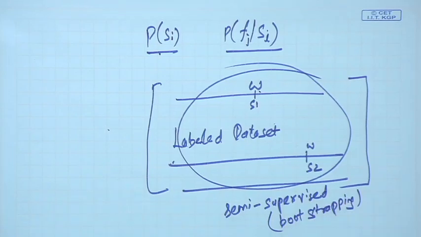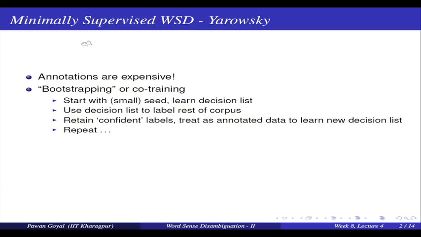One such approach for word sense disambiguation was proposed by Yarowsky. This is also called minimally supervised word sense disambiguation. And what is the motivation? For using a supervised learning algorithm I have to use annotations, and that is quite expensive. So, I use bootstrapping.